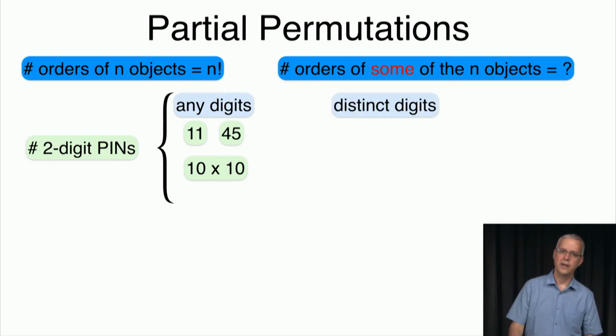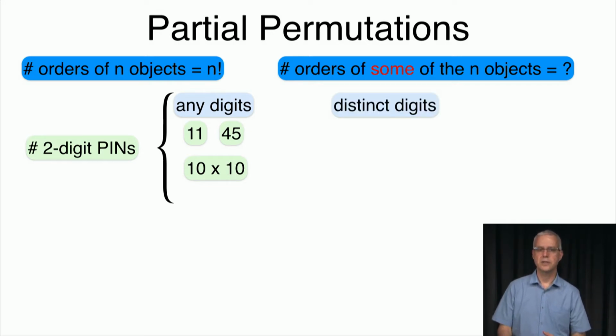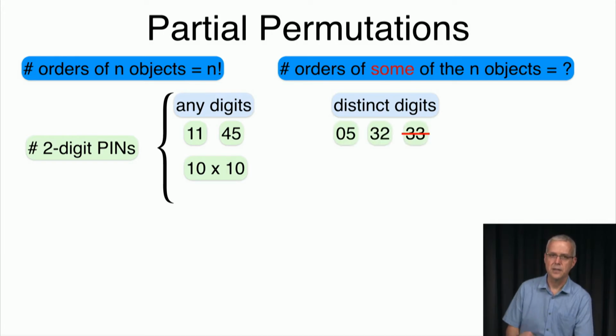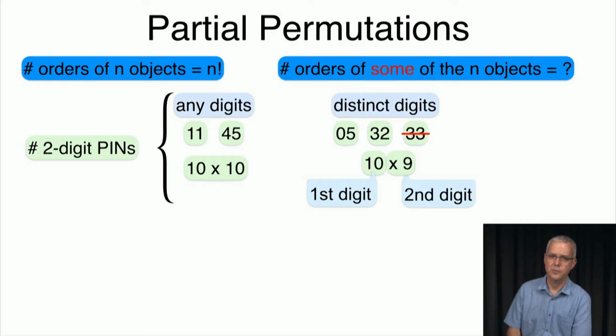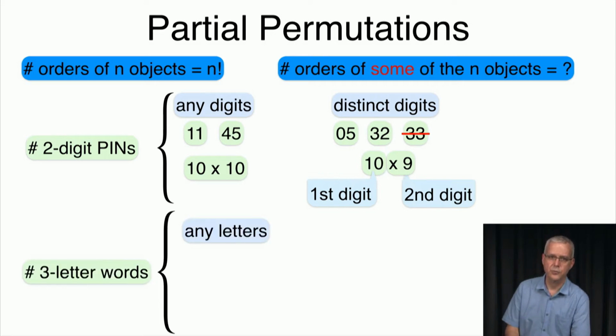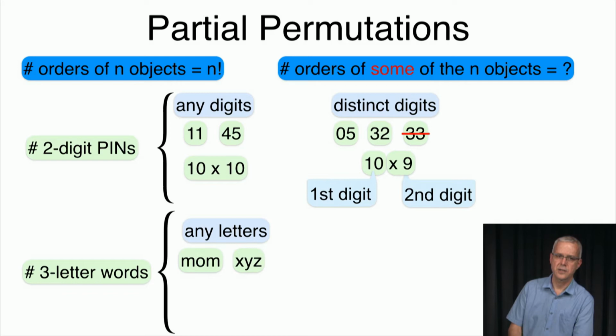On the other hand, if you insist on the digits being distinct, then for example you allow 0, 5 and 3, 2, but not 3, 3 because 3 repeats, then you have 10 options for the first digit and 9 options for the second digit, and the total number of ways you can do it is 10 times 9, which is 90.